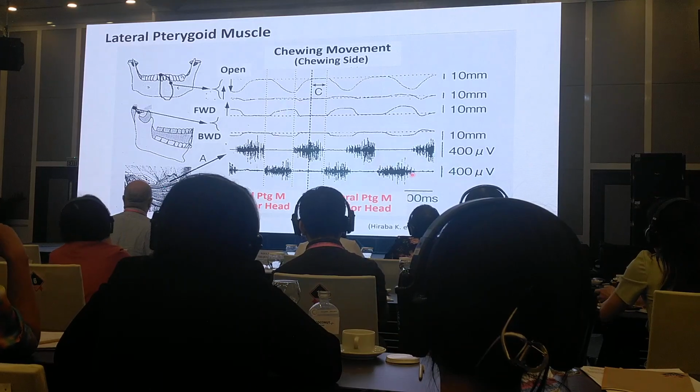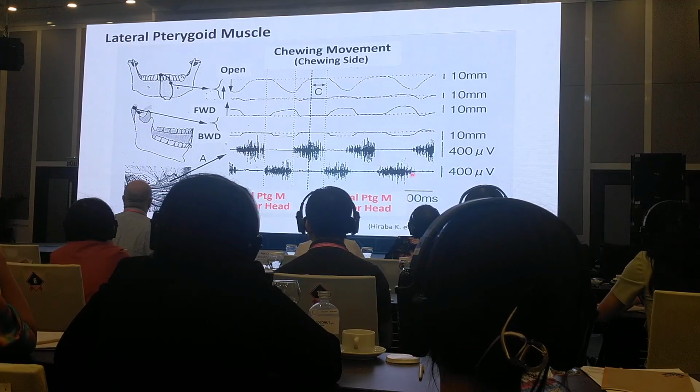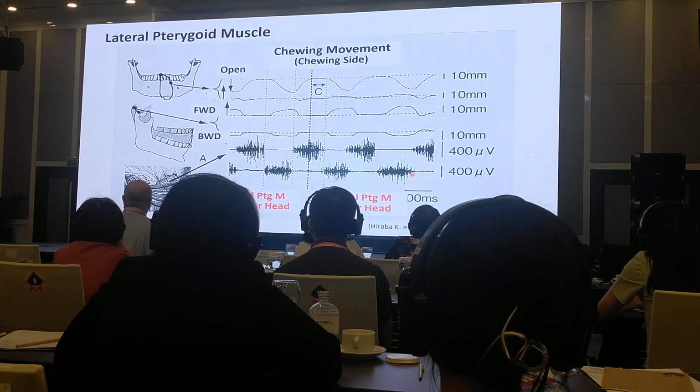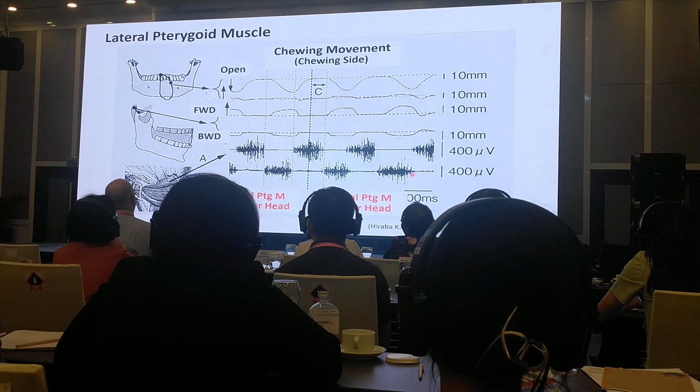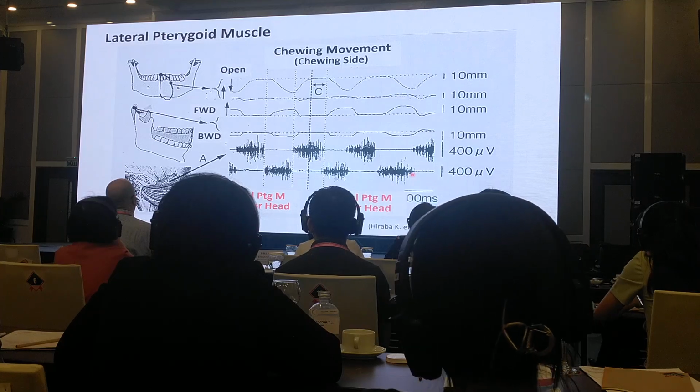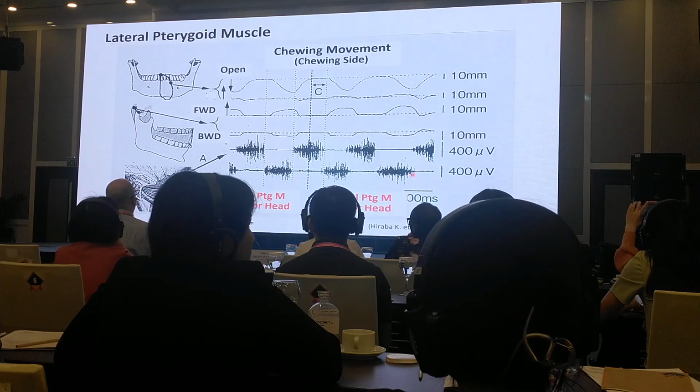This is the superior head, this is the inferior head, and they measured separately. A is the upper, the superior head. B is the lower, the inferior.